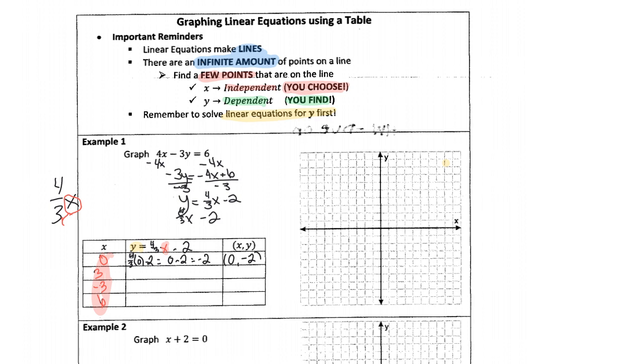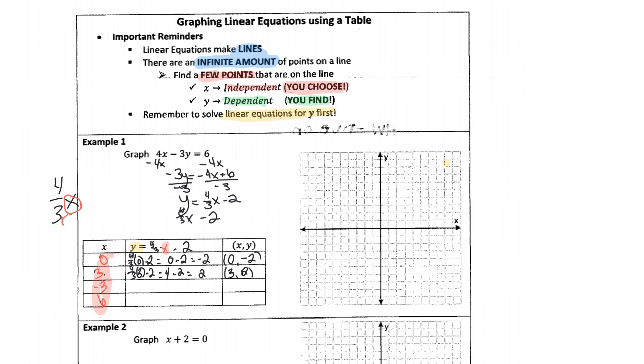One more time, I'm going to plug in 4/3 and this 3 for my x, minus 2. You can use your calculator. 4/3 times 3 is 4, and then I bring my minus 2, and 4 minus 2 is 2. So my next ordered pair is (3, 2).